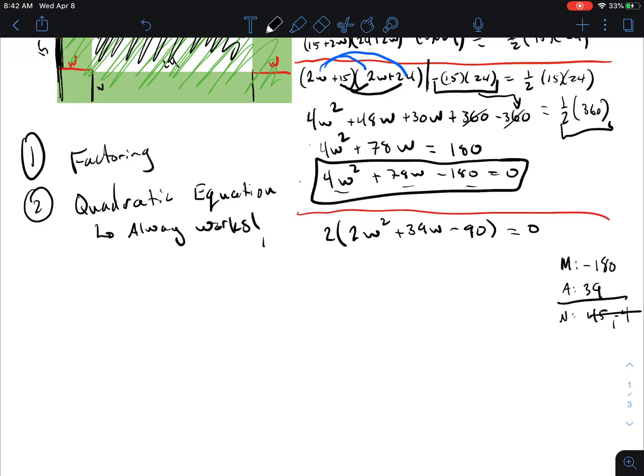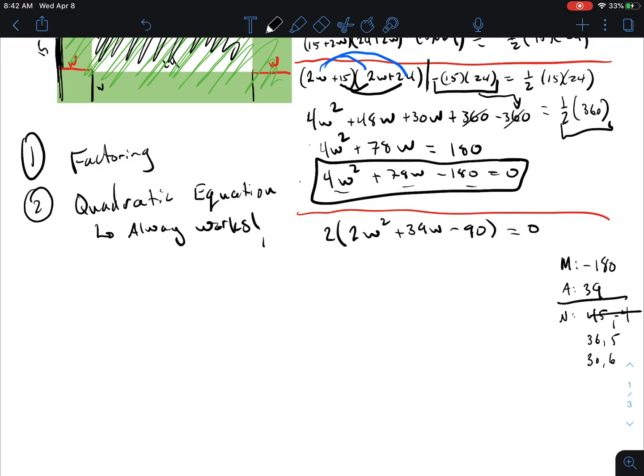180 divided by 5. That's 36. Not going to work. Not going to add to 39. 180 divided by 6. So 30 and 6, also not going to work. 7 doesn't go in evenly. 8 is going to be 10, so that's not going to work.